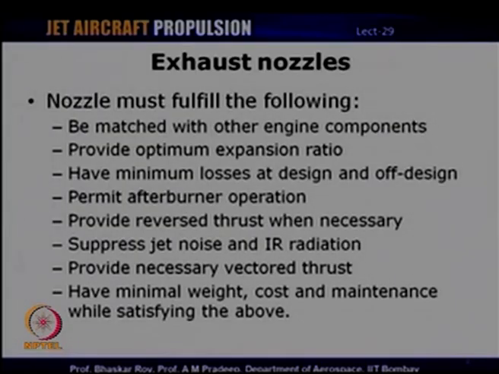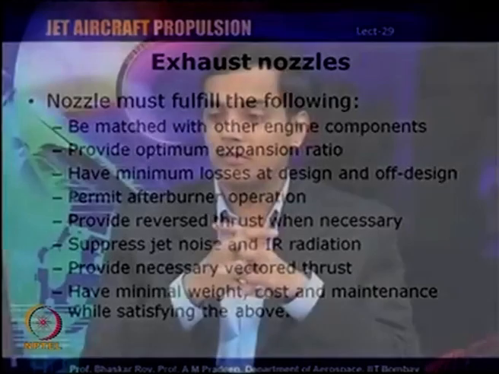That is possible by proper contouring of the nozzles. Then in combat aircraft, the nozzle would be required to provide the necessary vectored thrust, so as to carry out maneuvers which are really not possible using conventional control surfaces like ailerons or flaps. So, that is another function.